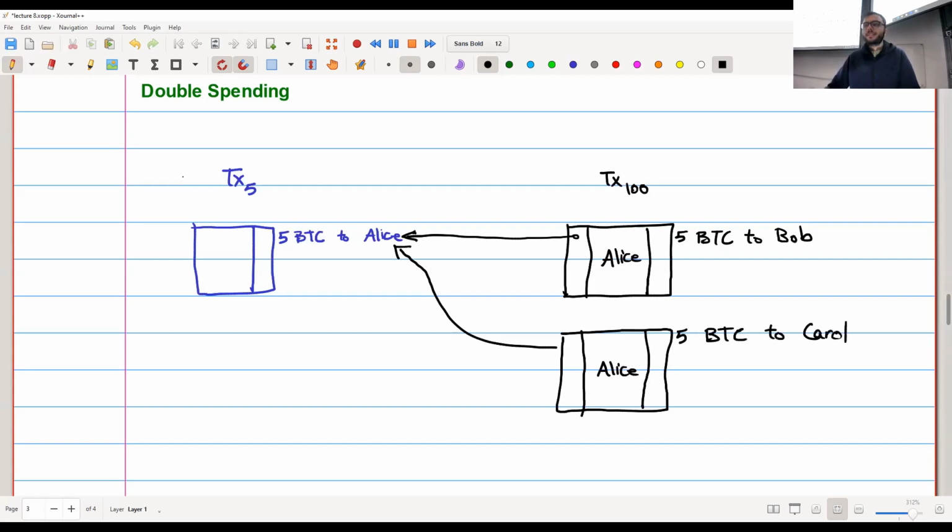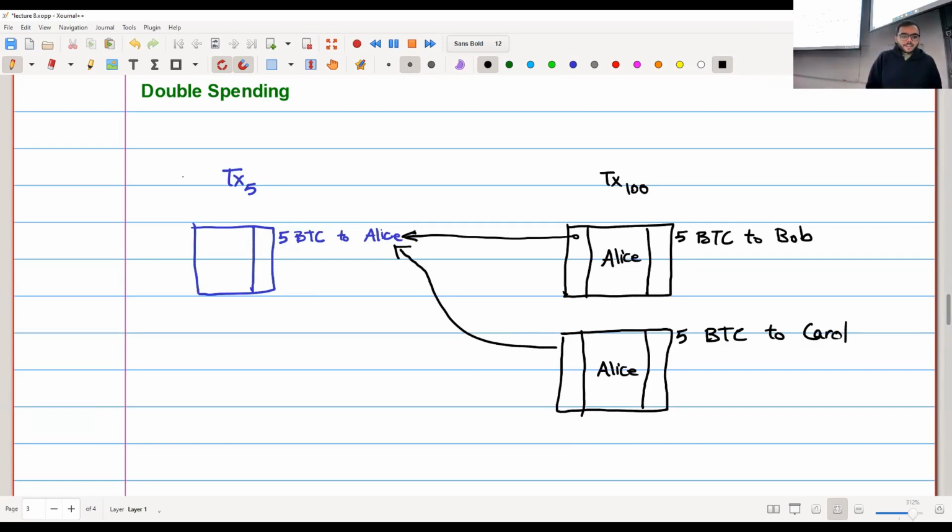And again, I write Alice, Bob, and Carol and so on. You know that these are actually public keys. They're not real names. We never use names. Okay. So we have a problem here. Alice received the 5 Bitcoins only once, so she cannot spend it more than once. She cannot do what we call double spending.